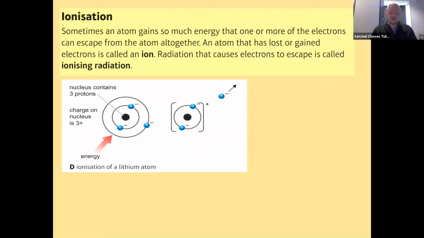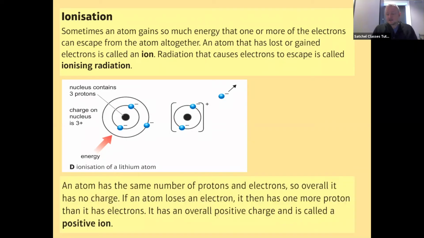So here we have a diagram for the ionization of a lithium atom. Lithium is in group 1 of the periodic table, which means it has one electron in its outer shell. We can see that here on the diagram. And when it's ionized, it loses that one electron, meaning that that electron in the outer shell jumps out of the shell structure altogether and is lost, leaving behind an overall charge of +1, because the lithium atom now has one more positive charge in its nucleus than it does have electrons in the shells to cancel that positive charge.